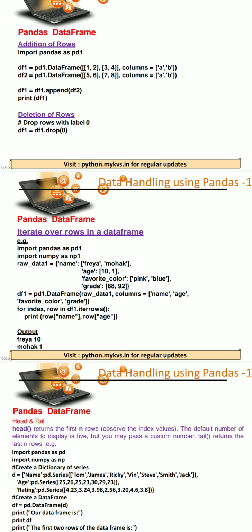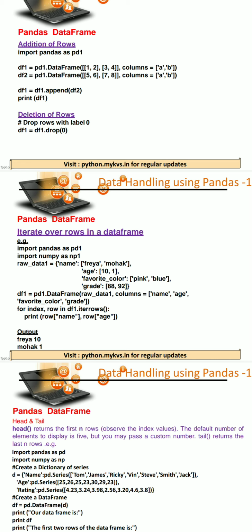What we should do, first of all we should create a data frame, even if it looks like a little bigger program, but it's not like that. Your learning starts from df1 equal to pd dot DataFrame. Here you are creating raw data, meaning name, age, favorite color, grade, and as column names you are mentioning name, age, favorite color, and grade.